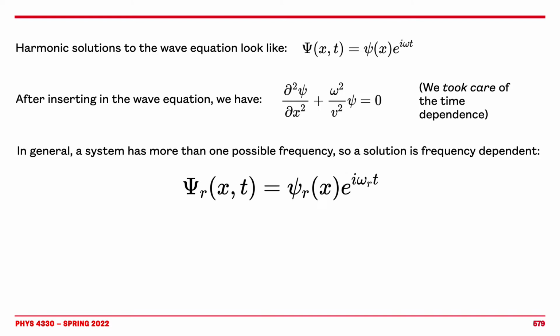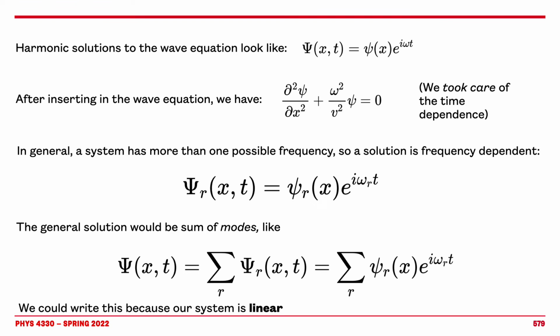This equation is essentially just to remind us that different frequencies are possible. In fact, because we are dealing with linear equations, as we have done for the entirety of this course, a linear equation means that a linear combination of different solutions is also a solution to the problem. It's very essential to see this. So we can formally write that a general solution is a linear combination of all the different solutions. So this is the most general case.